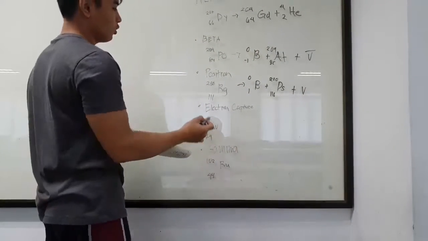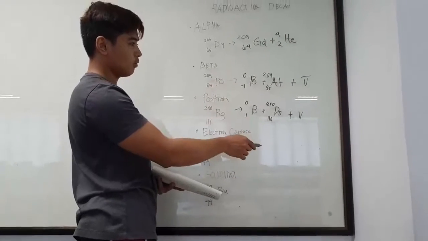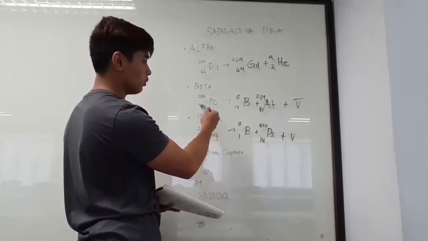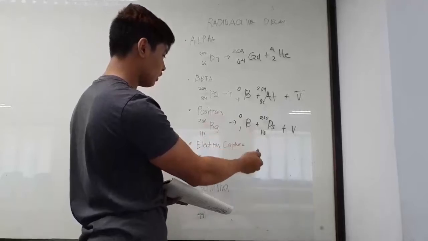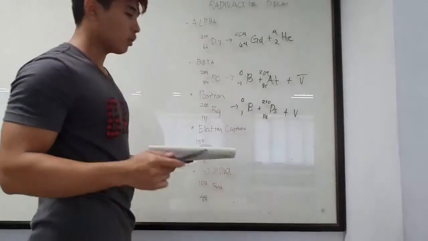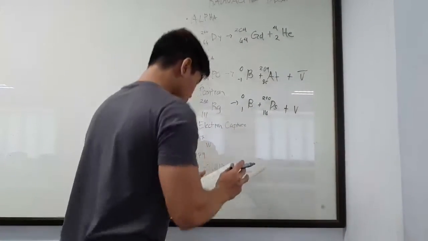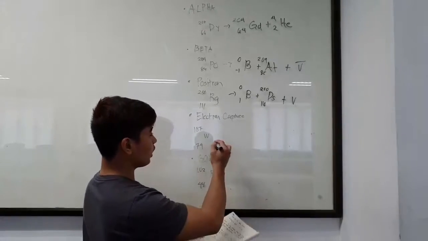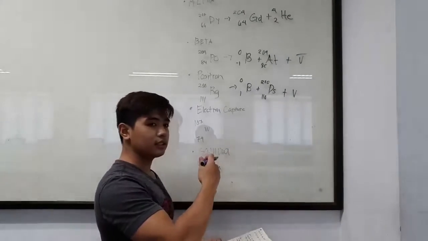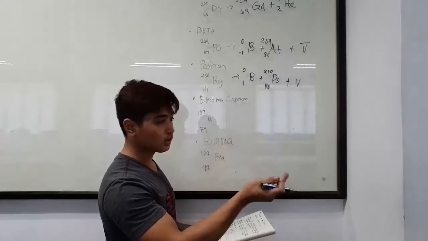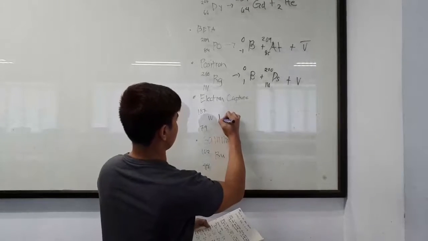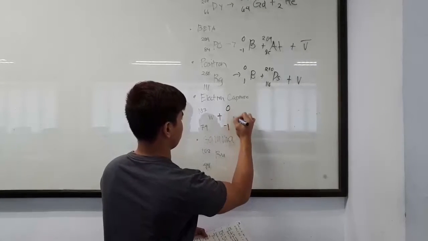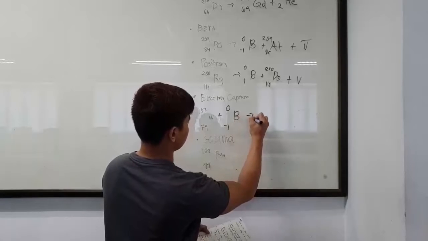And now, you will see all these three are balanced if you look from the reactant to the product. And now we're going to the electron capture. For the electron capture, we are adding a beta to the reactant side instead of the product side, like this, for it to be balanced.